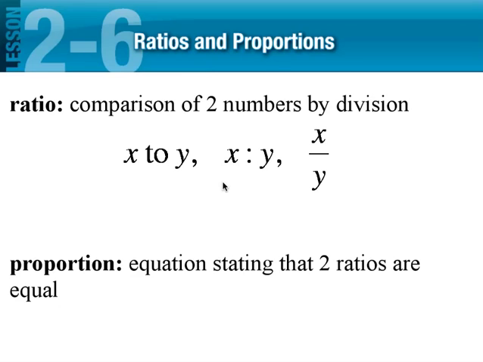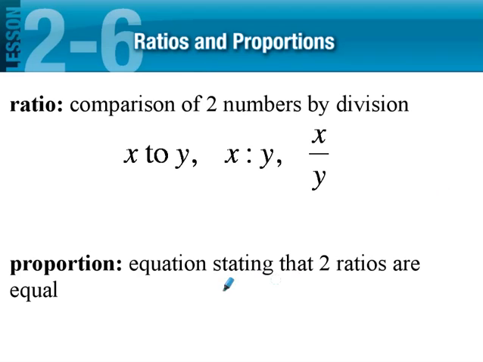A ratio is a comparison of two numbers by division. And you're going to notice that there are three ways I have up there that you can in fact write a ratio.